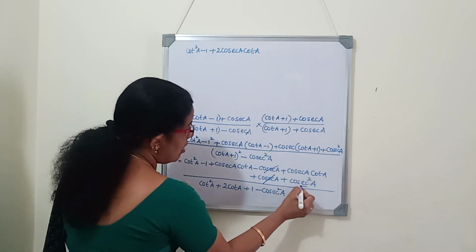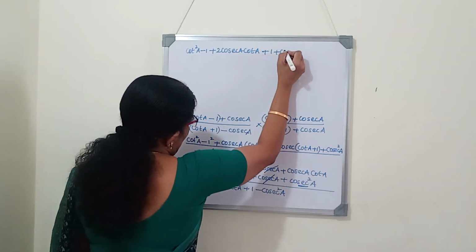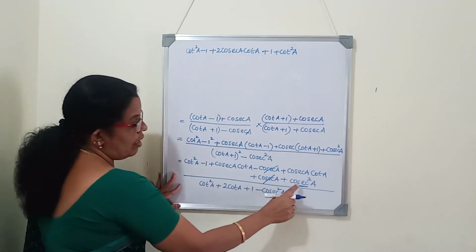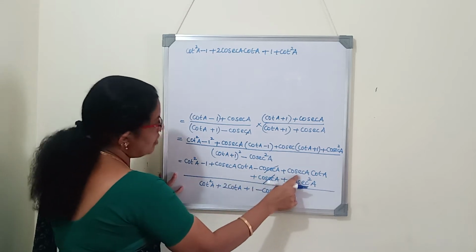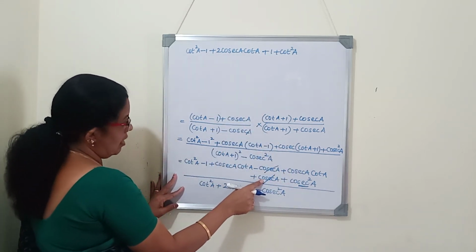And the last cosec square a we will write as 1 plus cot square a. We will apply the third identity. So only these changes we did. Cosec square a changed into 1 plus cot square a. Cosec a cot a twice is there, we added and wrote it. Minus cosec a and plus cosec a cancelled.